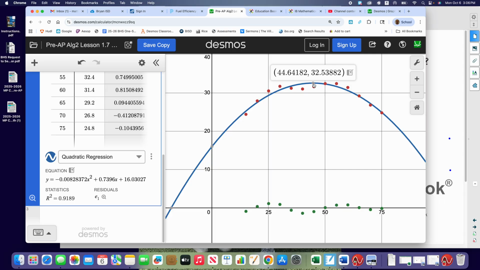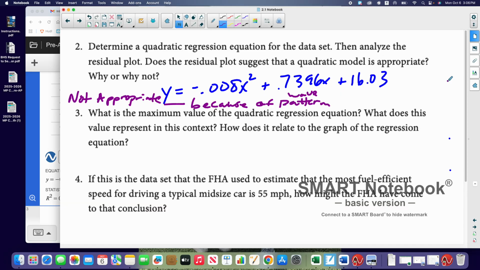I need to drive 45 miles an hour. If I drive 45 miles an hour, I'm going to get 32.5 miles per gallon. Okay? In this car, whatever this car is. Okay? So 45 would be optimal. All right? Which is actually pretty true a lot of times. I've kind of charted my own truck a few times, did that.